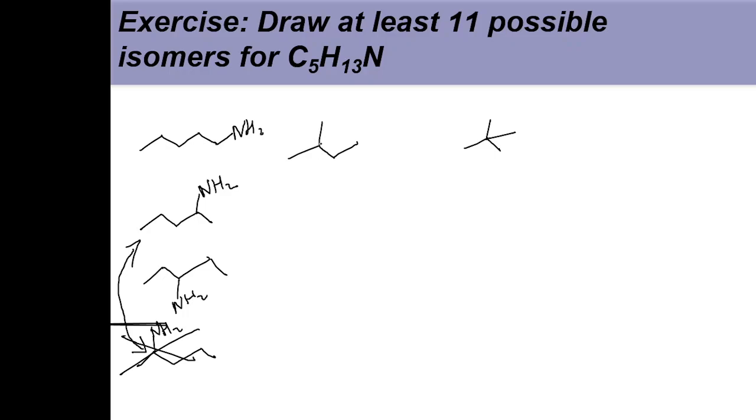When you have a branched structure of 5 carbons, you can have the amine attached to one of the terminal carbons, and you can imagine the bottom one will be the same. You can also have the amine attached to the tertiary carbon.